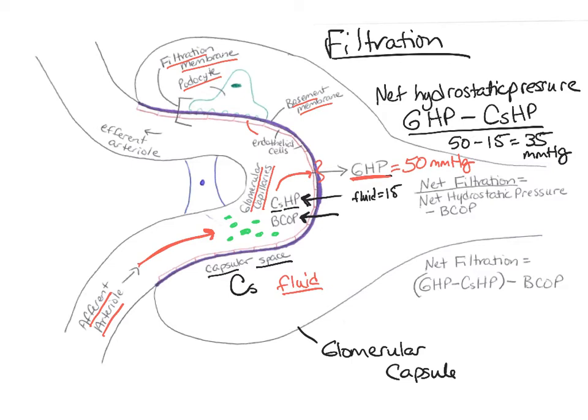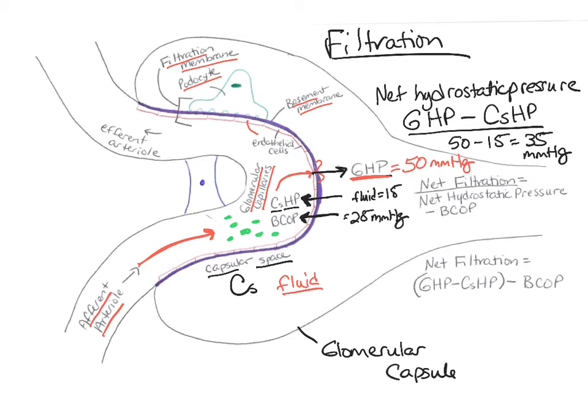Now, typically, the blood colloidal osmotic pressure will be around 25 millimeters of mercury, right? So we have that. So now, if we look at this, we can see we have one pressure pushing fluid out into the capsular space, and we have two pressures pulling fluid back into the capillary.